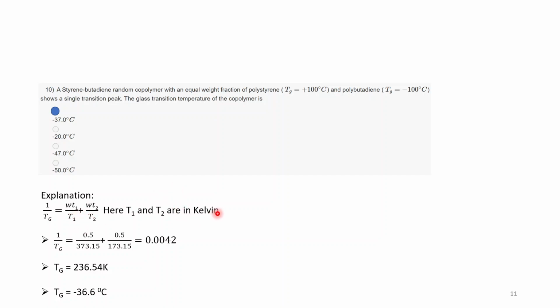Temperatures are taken in Kelvin, so first you have to convert these temperatures into Kelvin. As equal weight fraction is given, you can take 0.5.